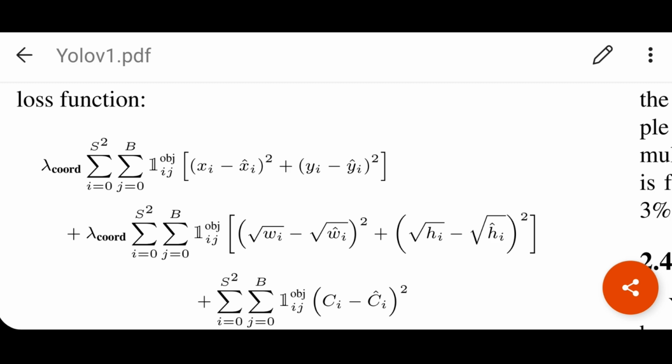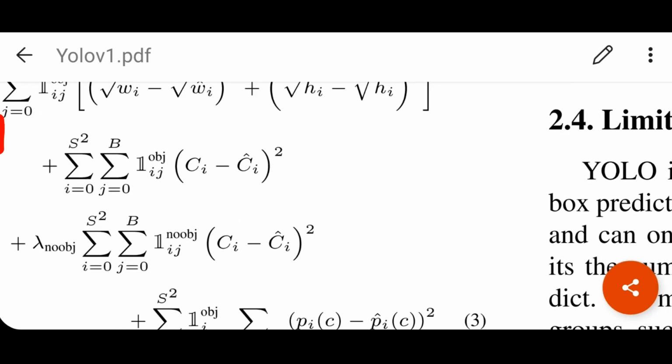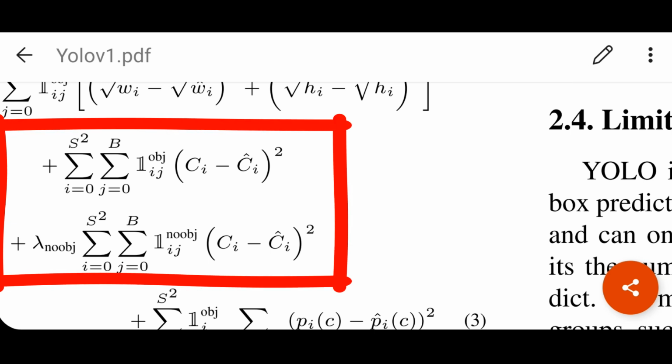As I mentioned, this part sums over all grids, i from 0 until S squared, and j from 0 until B. B is the number of boxes that each grid will generate.